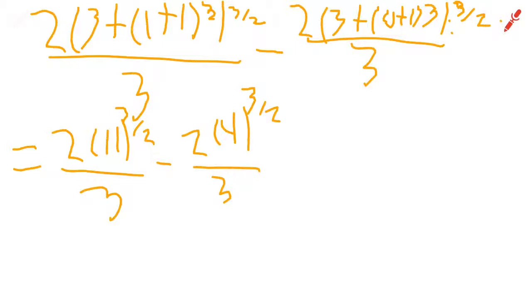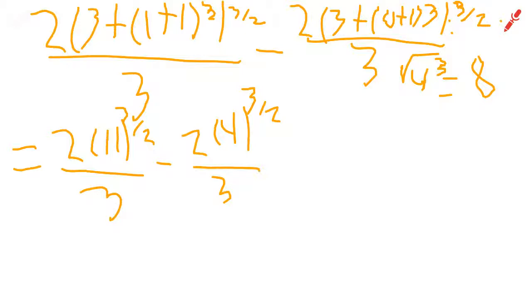Now, if we recall, we can't really simplify 11 to the power of 3 halves, but we can simplify 4 to the power of 3 halves. So what we do is that, remember, this is the same thing as writing the square root of 4 cubed, which is going to be 8.